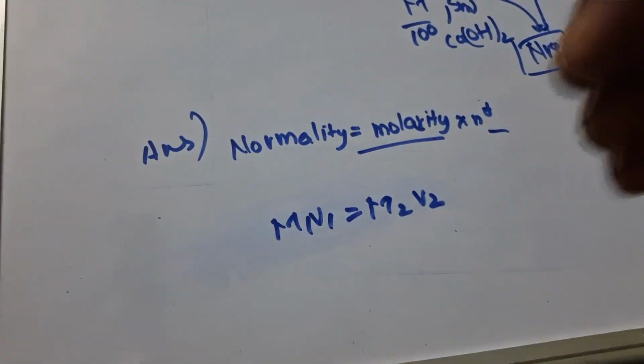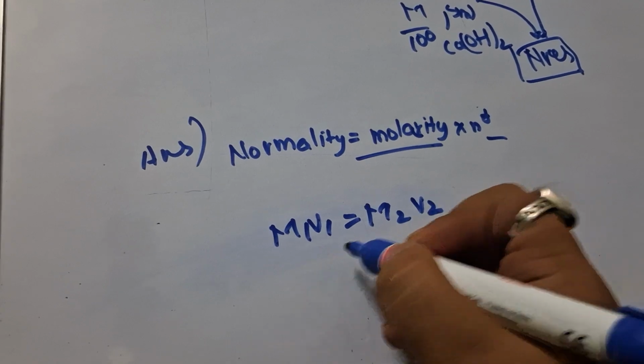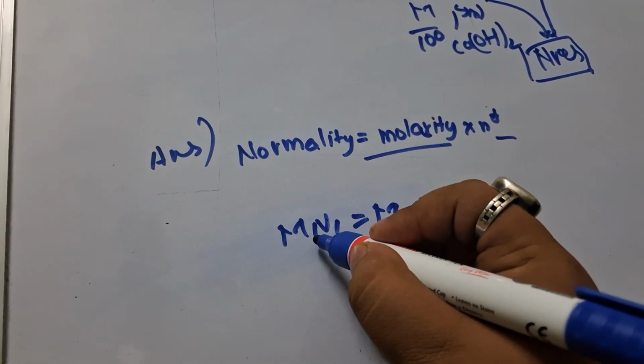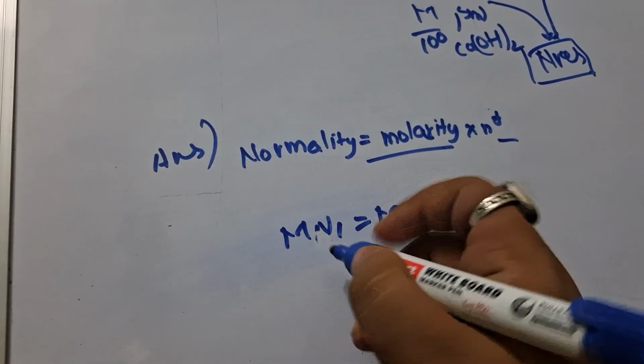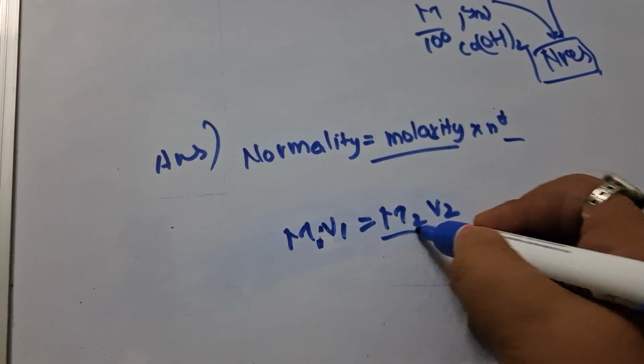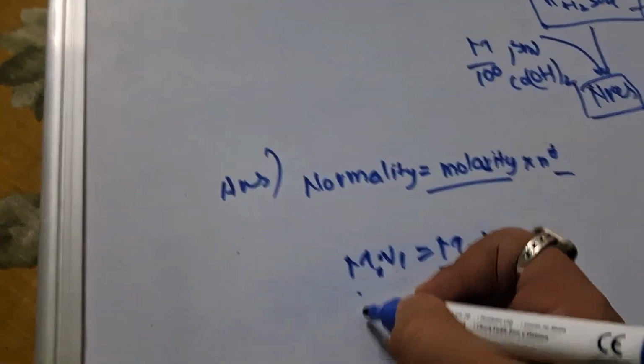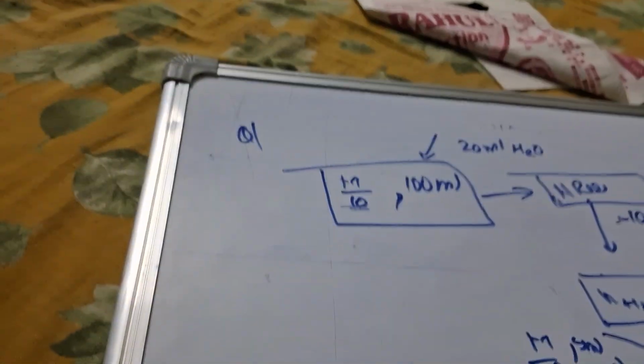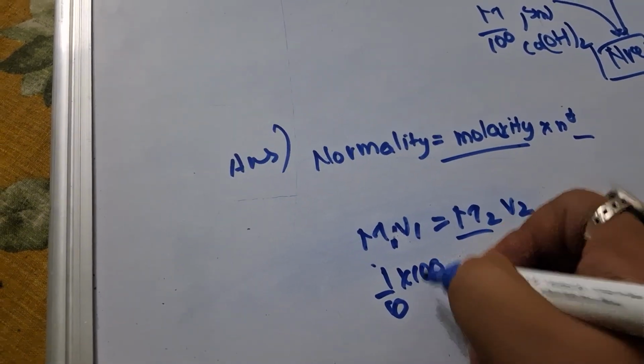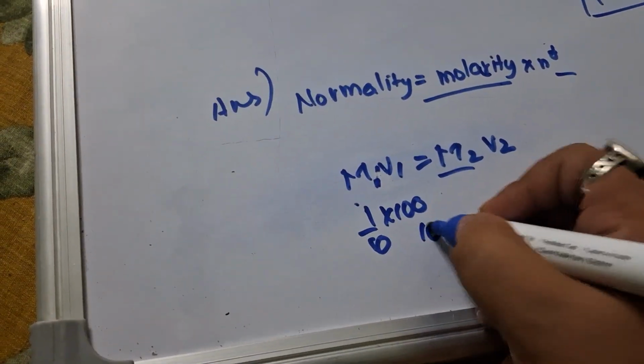Not sampling, dilution. We know that M1 is M by 10, which is 1 by 10. V1 is 100 ml, so this will be 10.